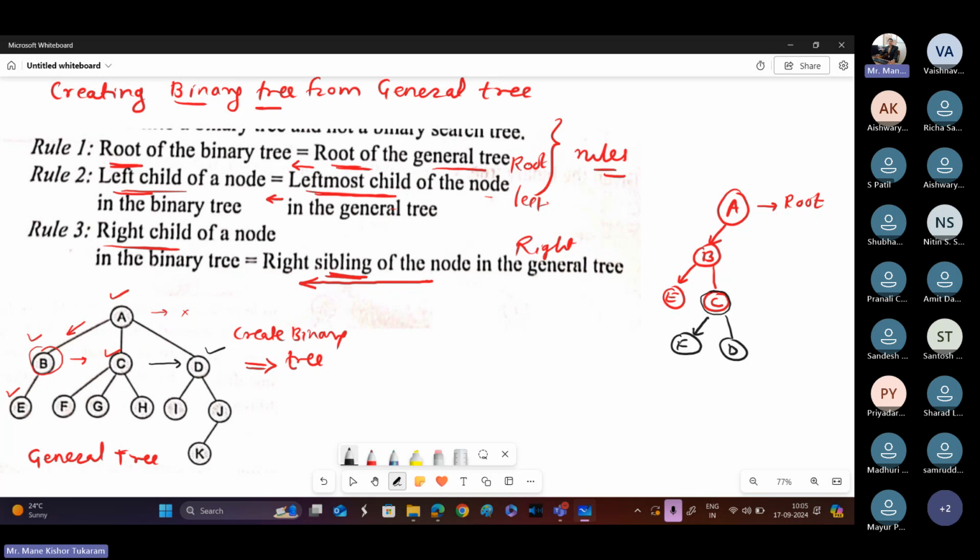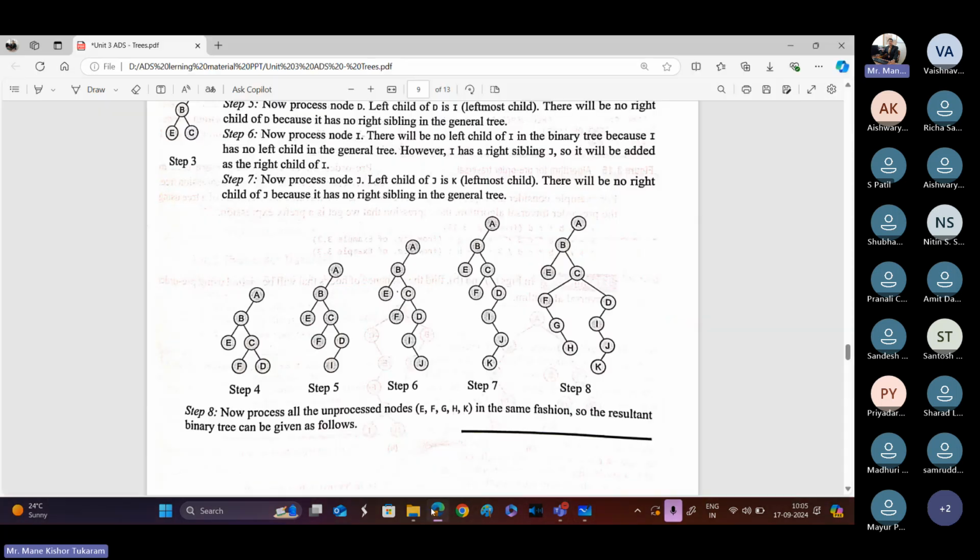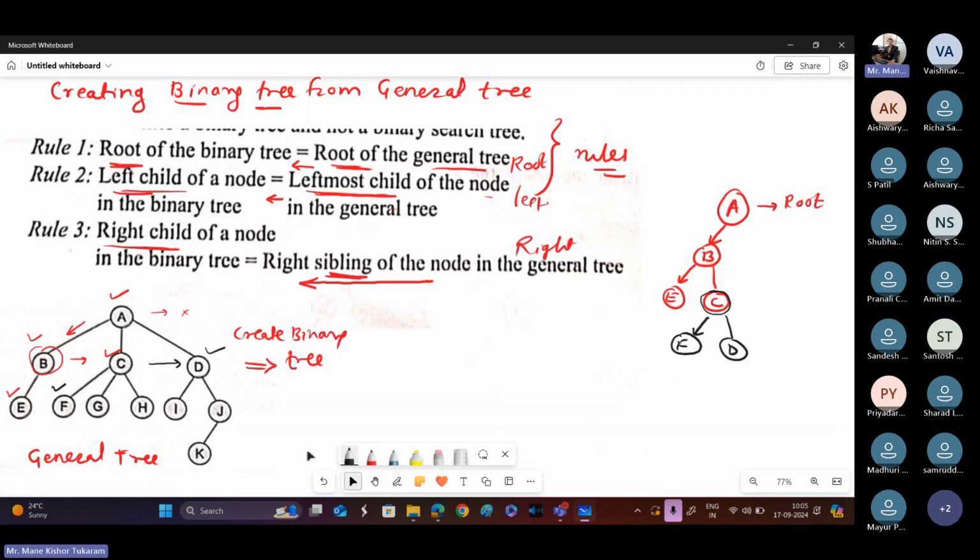Okay. Then again, this F doesn't have any particular children. Okay. So inside the F, right sibling is available for the F. Okay. So we are not considering that.